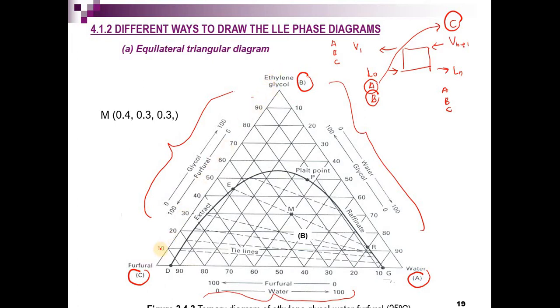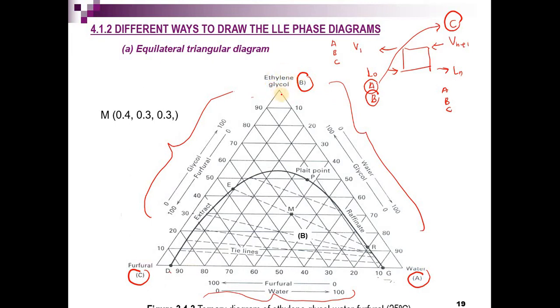So this will be the axis for ethylene glycol. And this side from 10 to 90, they put furfural as component C. So this is the axis for furfural. Okay, you can see this on the label.